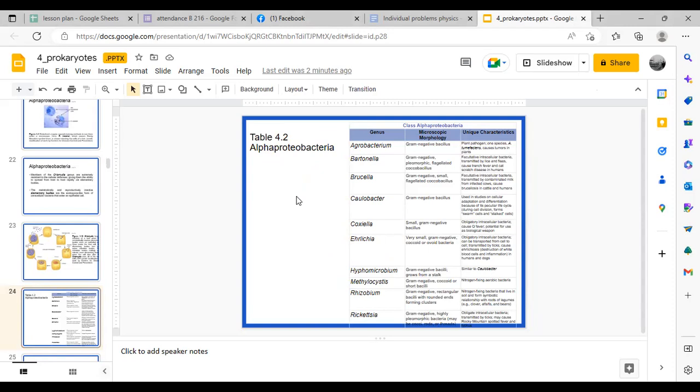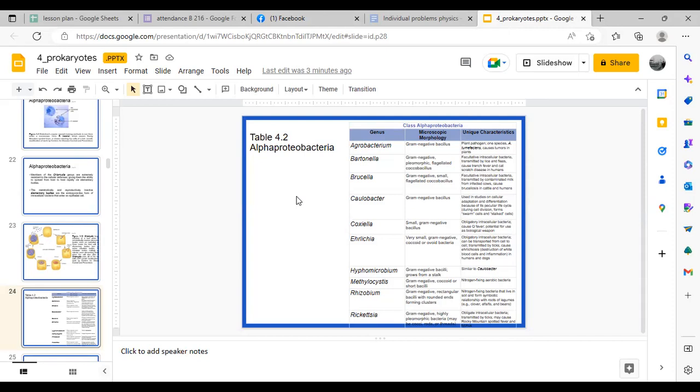So we have Bartonella. This is gram negative. You have a flagellated coccobacillus. It's transmitted by fleas. So it can cause trench fever and cat scratch disease in humans.